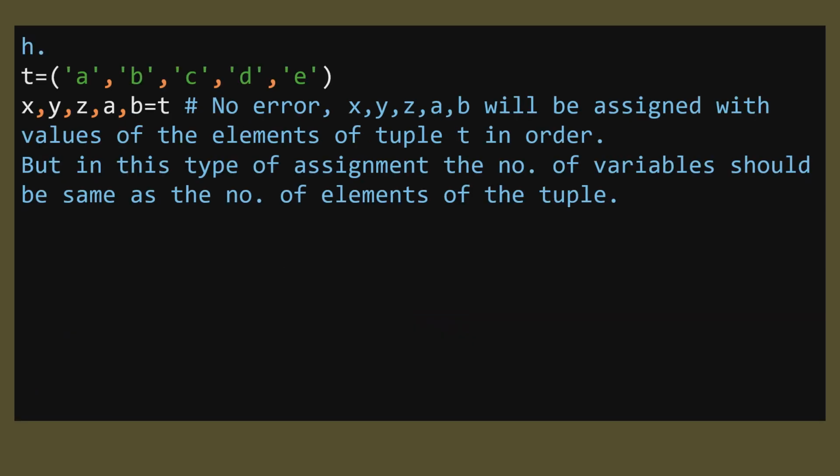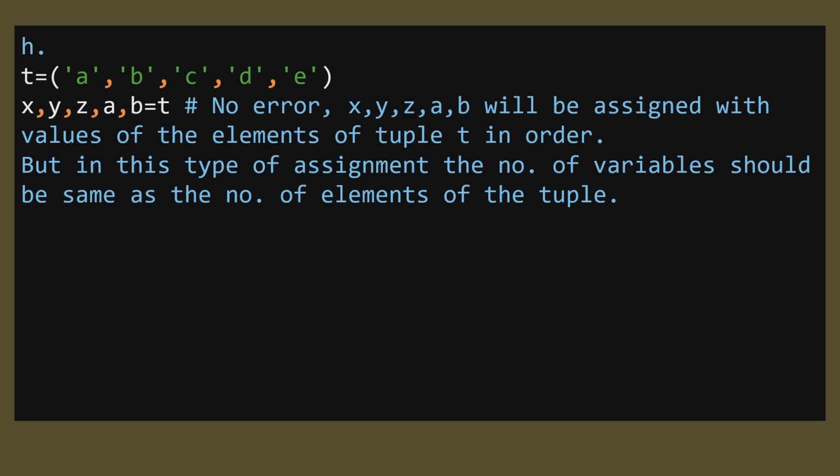Now t is one tuple having values 'a', 'b', 'c', 'd', 'e'. Now x, y, z, a, b = t. So this is correct code. There will be no error, because on the left hand side all are identifiers x, y, z, a, b, and these will be assigned the values of the elements of the tuple t in a particular order.